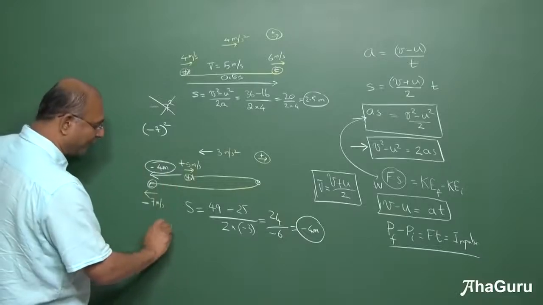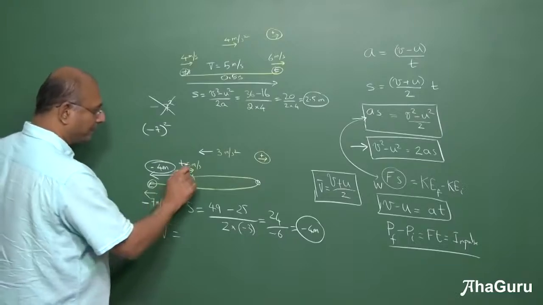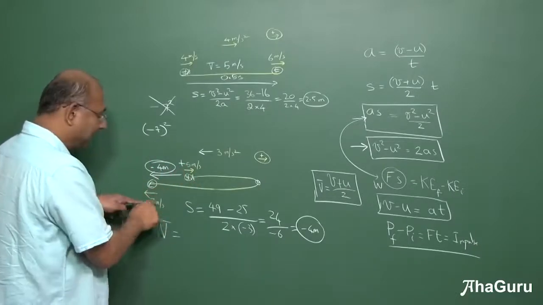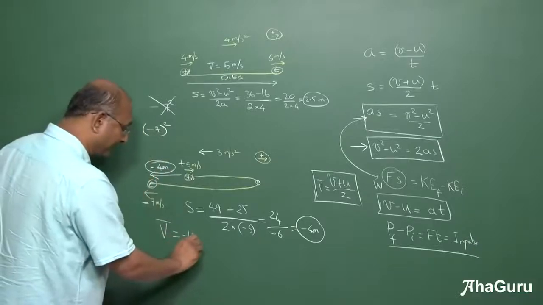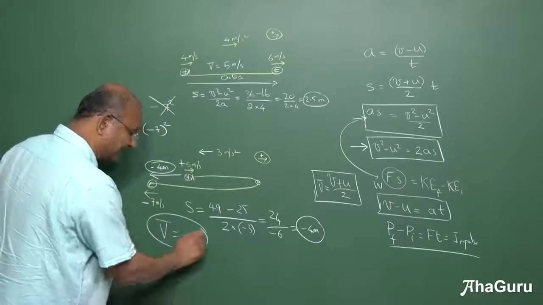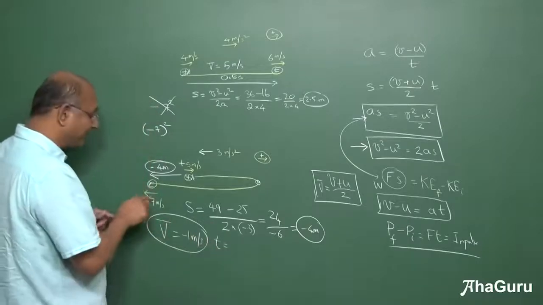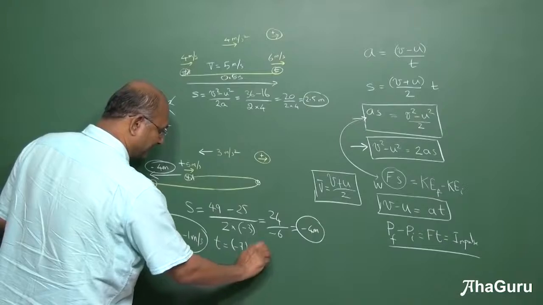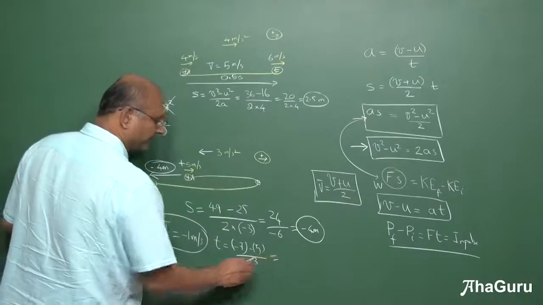Suppose I was to use average velocity. What is average velocity? Final velocity plus initial velocity by 2. Minus 7 plus 5 is minus 2, by 2 is minus 1 meter per second. Average velocity is negative. How much is the time? Change in velocity, final velocity minus initial velocity, by acceleration.